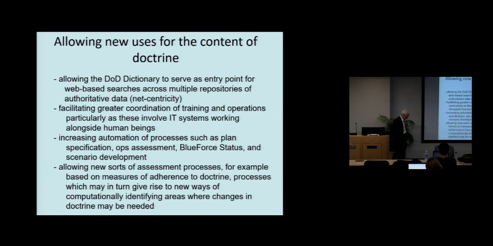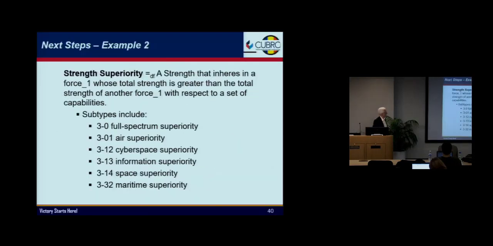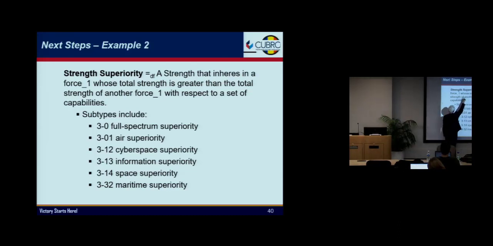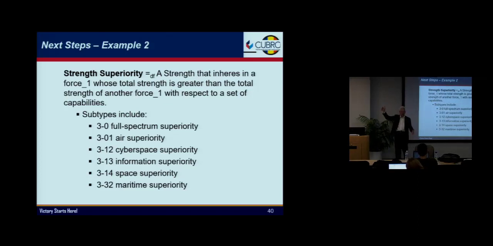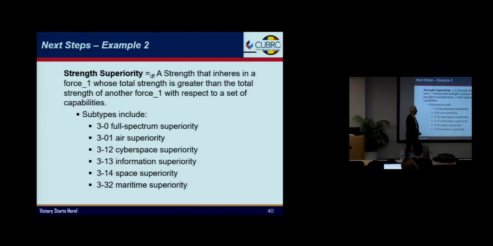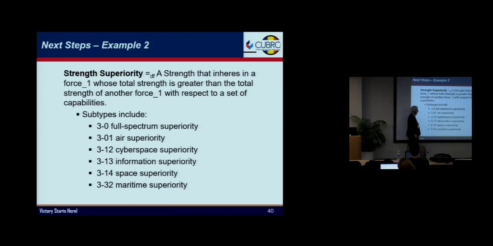Now, currently, because we don't have a hierarchy logically defined for the joint doctrine dictionary, if we go searching for some parent term, say cyberspace superiority, say superiority or strength superiority, we may want to know all references to strength superiority in this corpus of documents. We don't know that cyberspace superiority is a child of strength superiority, and so we'll miss all references to strength superiority which appear in this form because the dictionary can't think.